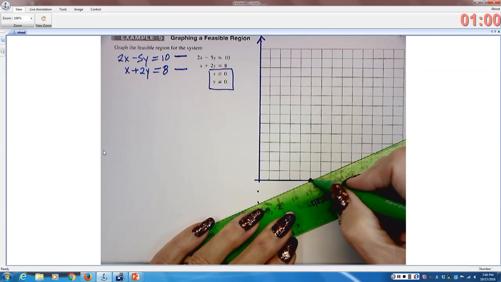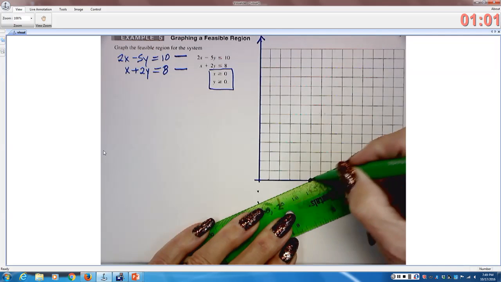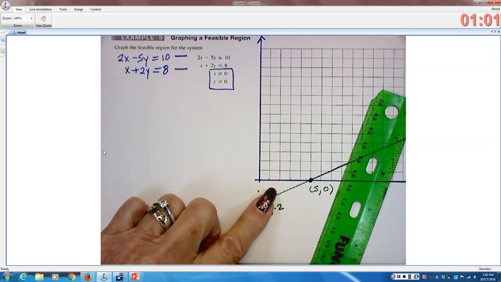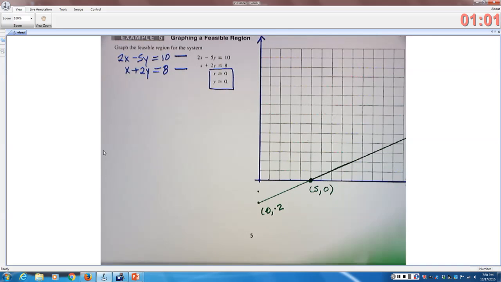So my line needs to go like this. It would continue on down here, but this part is not going to be part of my feasible region, because it's where x is below 0 and y is below 0 also.